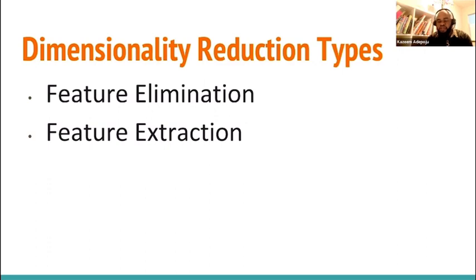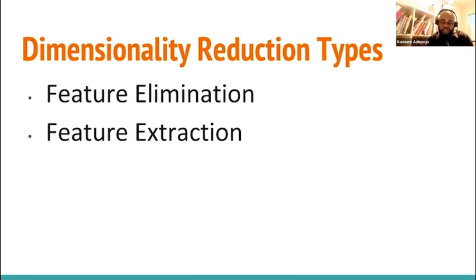So if I don't want multicollinearity anymore, I can reduce the dimensionality of the situation, or I can do feature extraction.